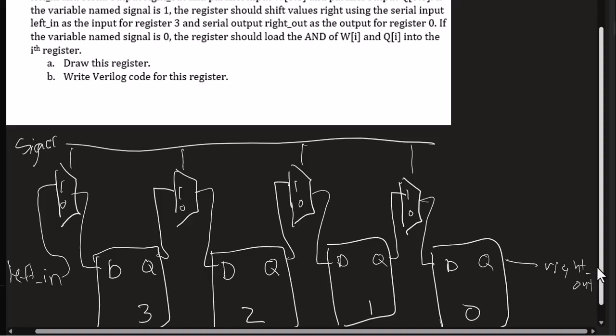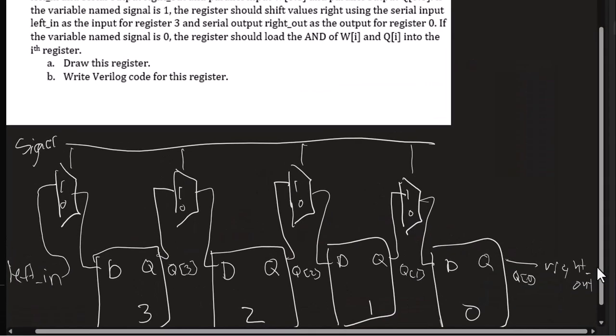That just means that just like this output was Q3, Q2, Q1, and Q0, I also have a W that has 4 values, W3, W2, W1, and W0. And it's supposed to be, let's see, if this variable named signal is 0, the register should load the AND of Wi and Qi into the ith register. So let's see what that is saying.